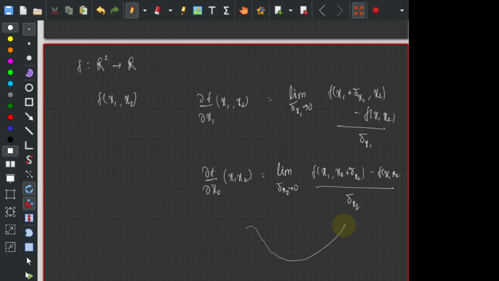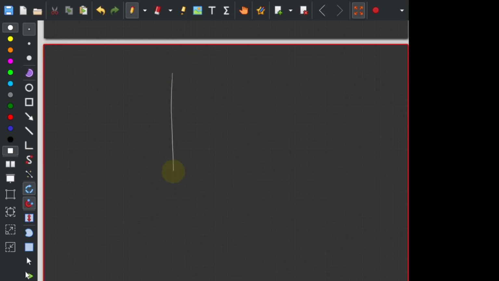Right? So I have this surface. I take a plane which is parallel to the x1 axis. Let's try to visualize this. I'm looking at R3. This is my origin. Let's say this is my x1 axis, this is my x2 axis, and this is my y-axis.